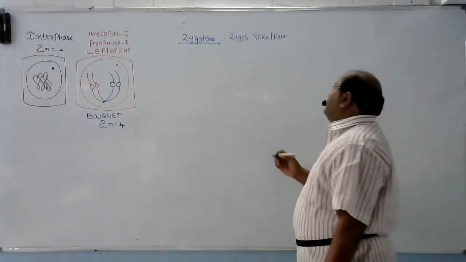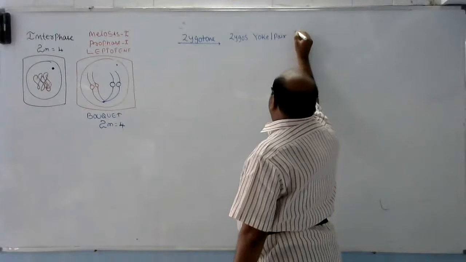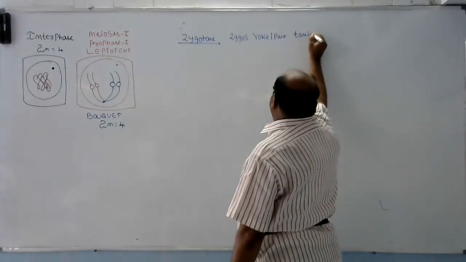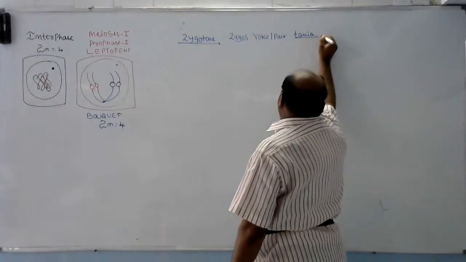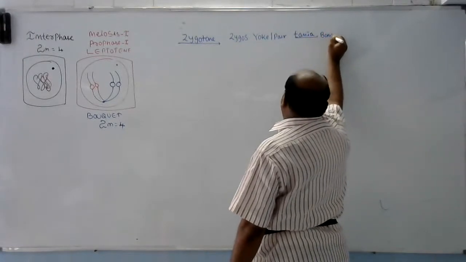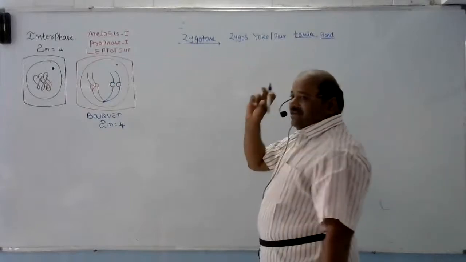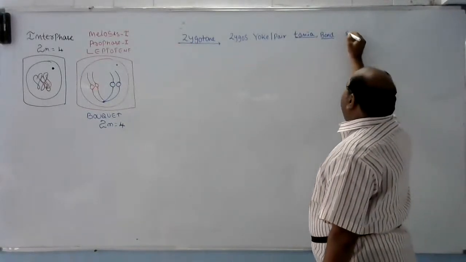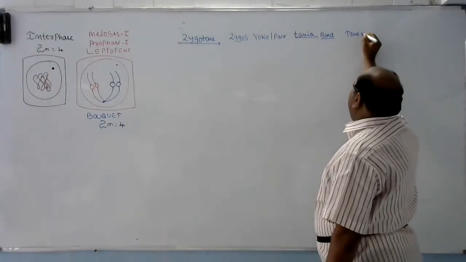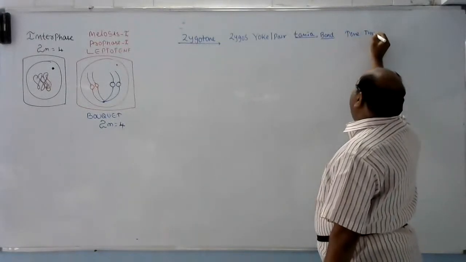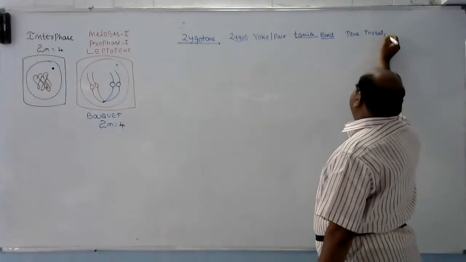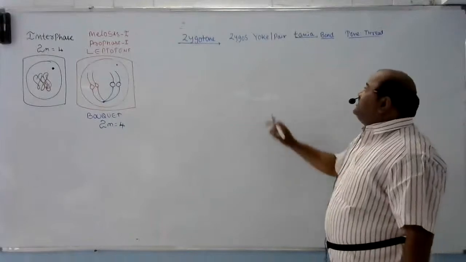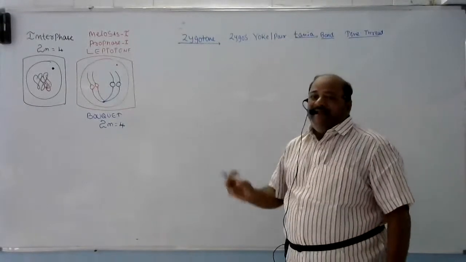Next, the meaning in the Greek language: tenia means a band, a small band. And the meaning of tene, as in leptotene, tene means thread-like. Tenia means band. Zygos means pair.